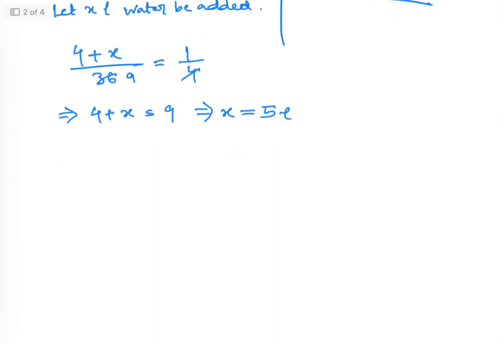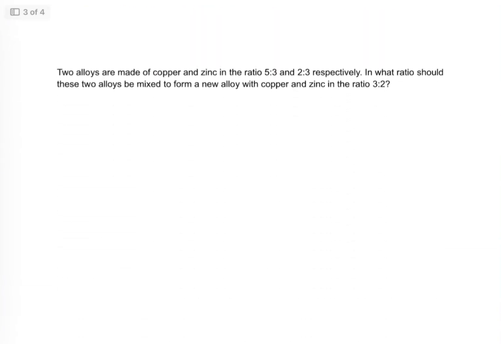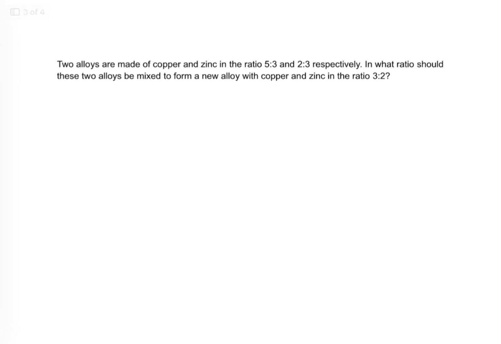Okay, so the next problem says two alloys made of copper and zinc are in the ratio 5:3 and 2:3. Now we have to find the ratio in which these alloys shall be mixed together, and the new alloy of copper and zinc will be of the ratio 3:2.